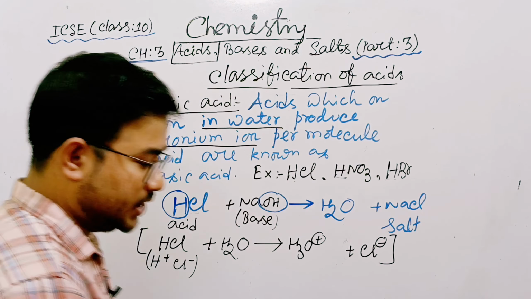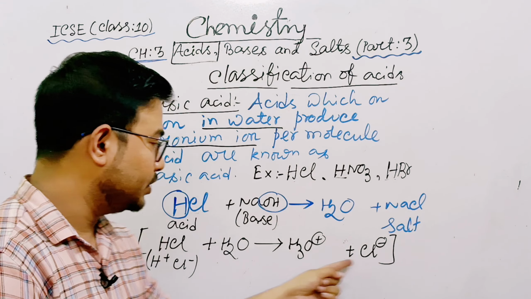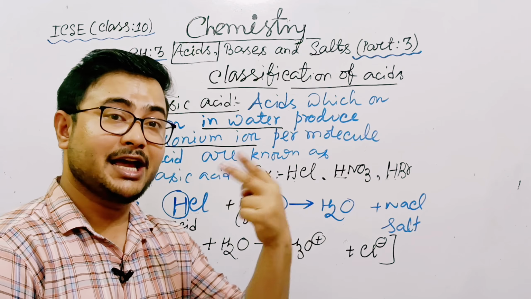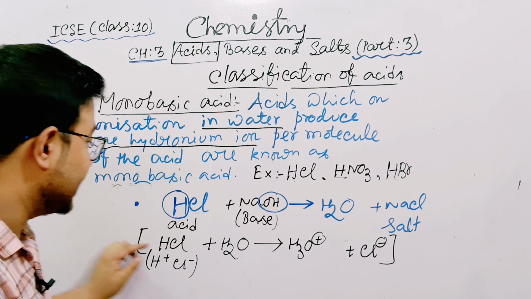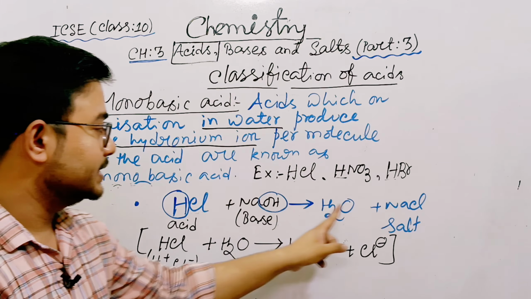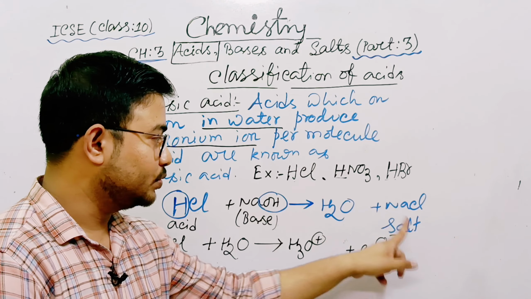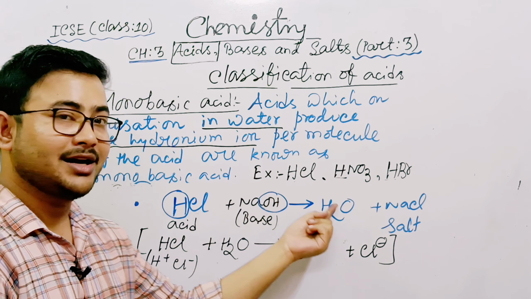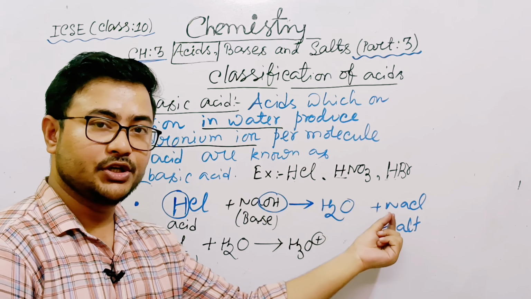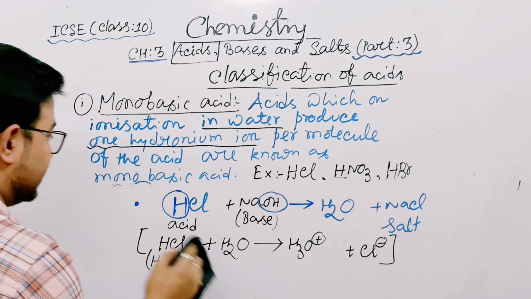Now you can ask me, what is the significance of this single step, or of this line? Whenever I discuss dibasic acid and tribasic acid, then you can understand the importance of this line. First, try to understand this: acid reacts with base, always producing salt and water. First identify the water and write it down, and the rest of the two atoms combine to form salt in one step.